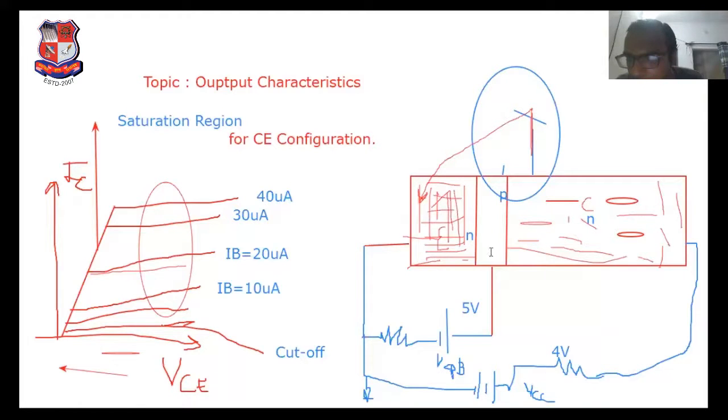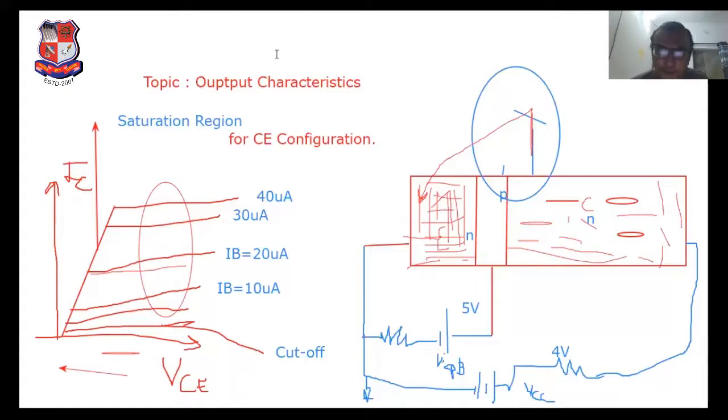This is less reverse bias, more forward bias compared to 5 volt. So more electrons now cannot travel. Current increases linearly, because the voltage is reduced.